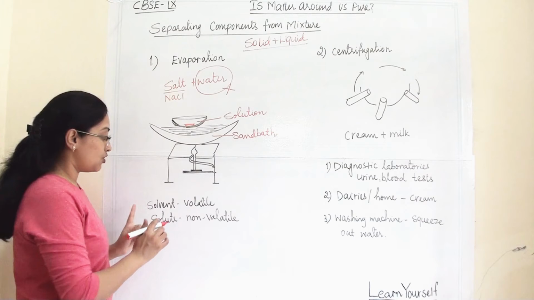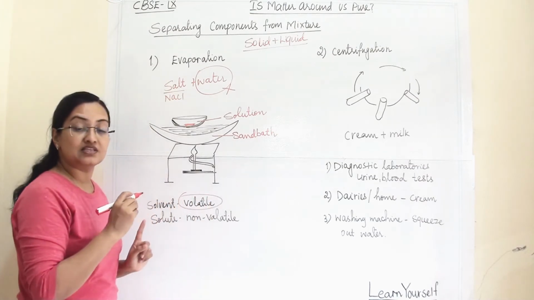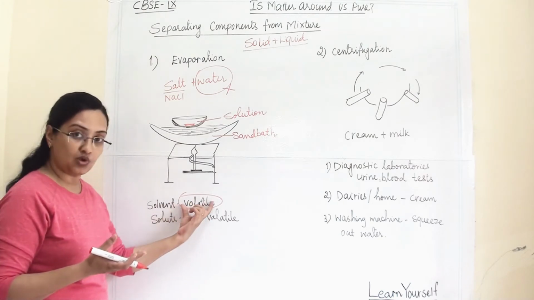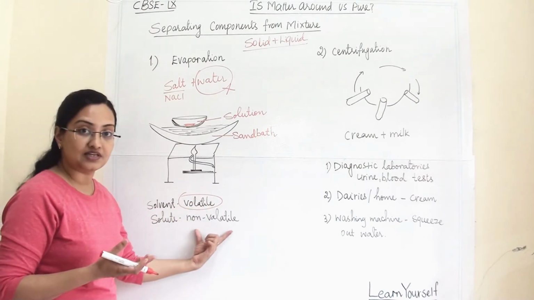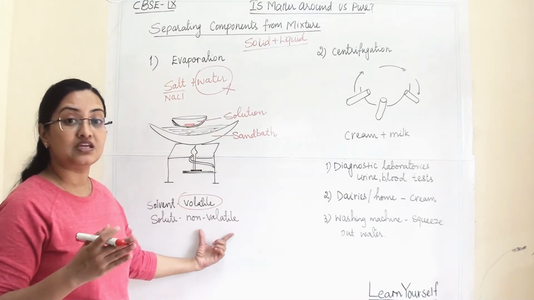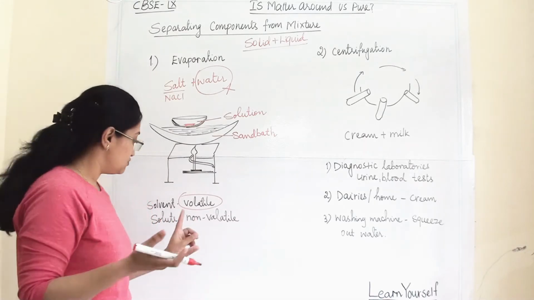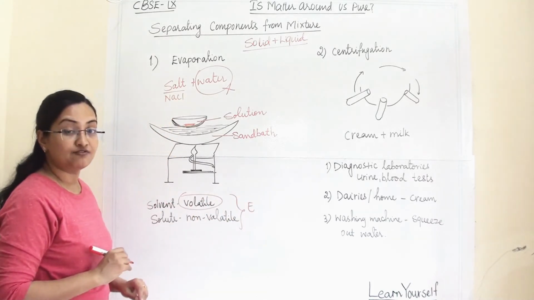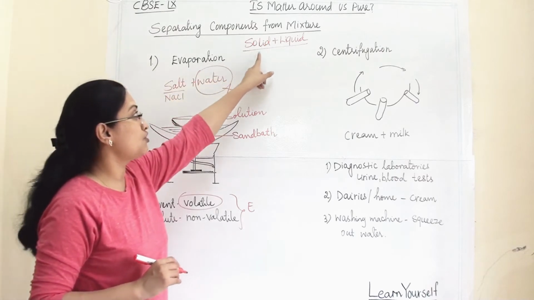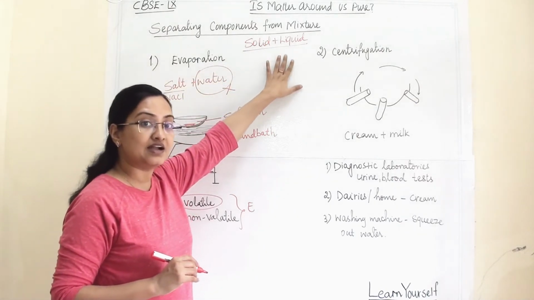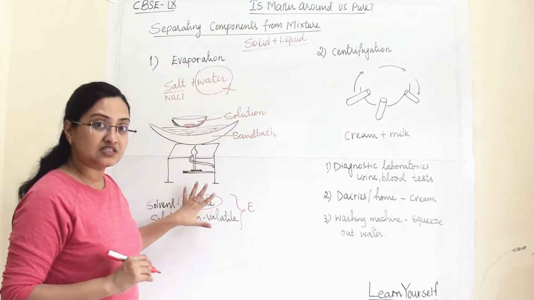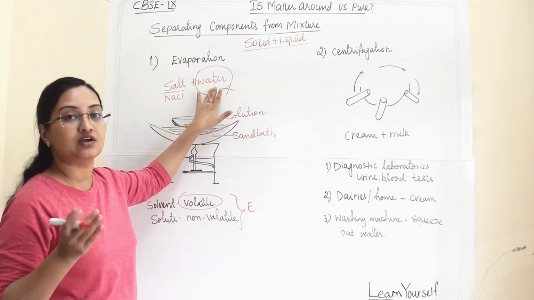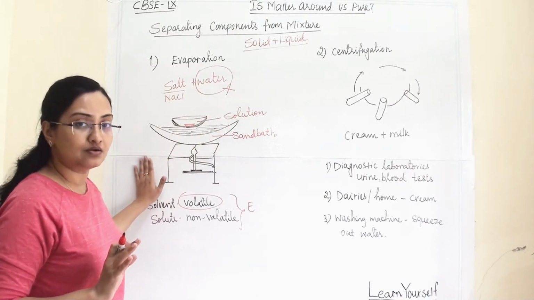We use the evaporation technique when our solvent is volatile, meaning it will evaporate with the help of heat, and the solute is non-volatile, meaning it will not evaporate with heat. And for which mixture are we using it? For a solid-liquid mixture. Remember that when we perform this technique, we lose our solvent at the end. We will not recover it back.